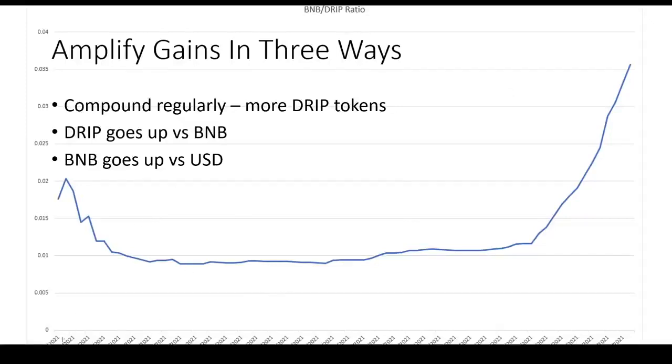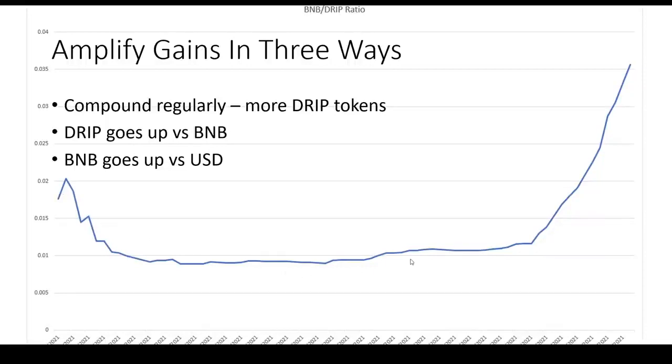And I've been tracking that. I went into the BSC scan and looked up the data for each and every day since this platform was launched on April 22nd. So this is the closing price of DRIP priced in BNB since the contract was started, since the token was launched.